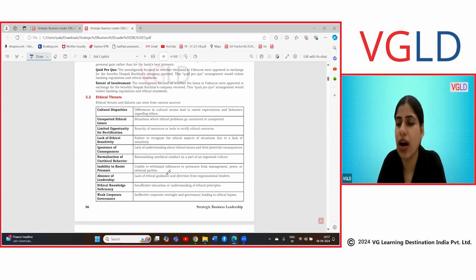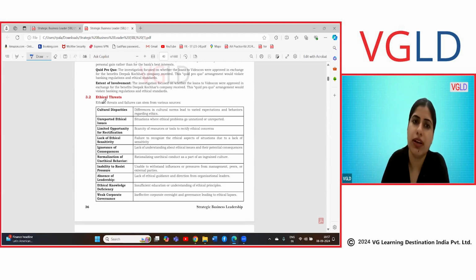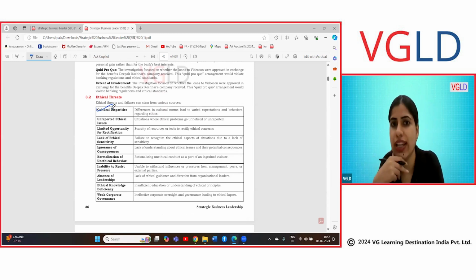Now, again, discussing certain ethical threats and failures, like cultural disparities: differences in culture and norms lead to variation in expectations, and that could create an ethical situation. Again, unreported ethical issues: it is not possible to report and find each and every ethical situation, so these situations could be harmful.